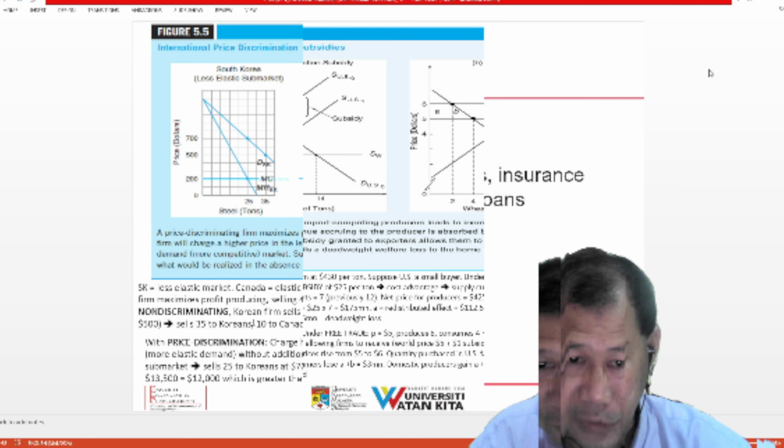The Korean firm maximizes profit by producing and selling 45, where marginal revenue equals marginal cost. This marginal revenue is South Korea plus Canada.